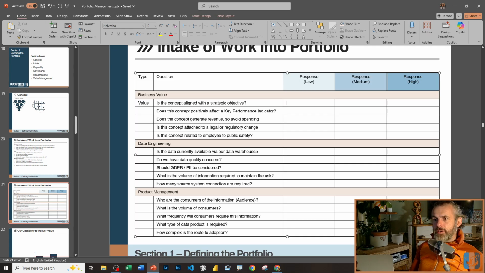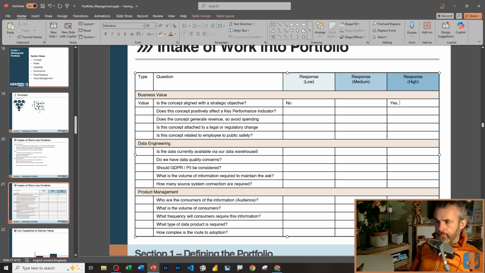So is it aligned? Is the concept aligned to a strategic objective? A response in the low end on this would just be no. So it bears no relevance to any strategic objectives within the organization. The high response would be a yes.